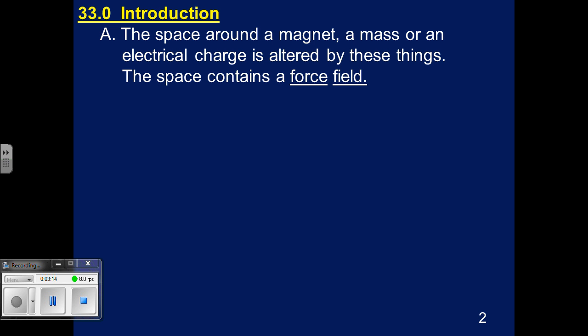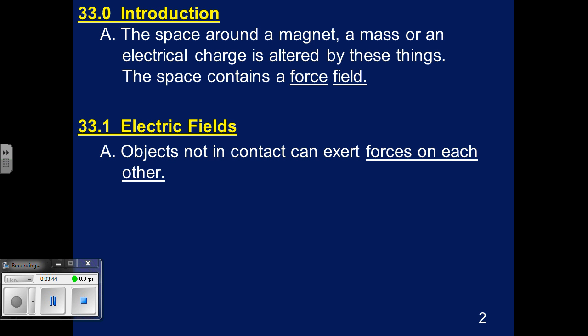So there is something around the magnets, even though it looks like empty space, that is actually having an effect. Because that space has an effect, we call it a force field. Objects, because of their mass, have a gravitational force field, and electrical charges, the space around them that can have an effect, is called an electric force field.